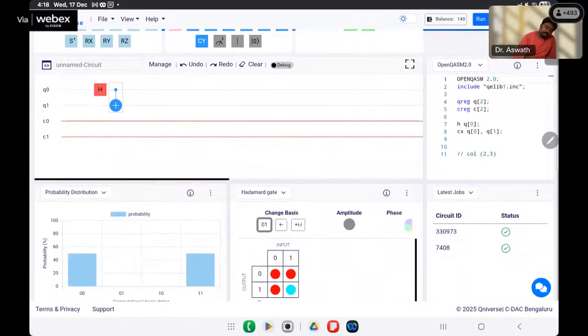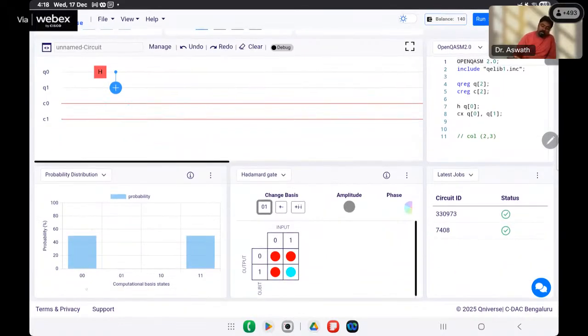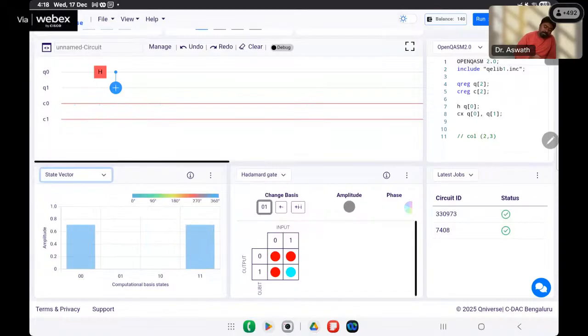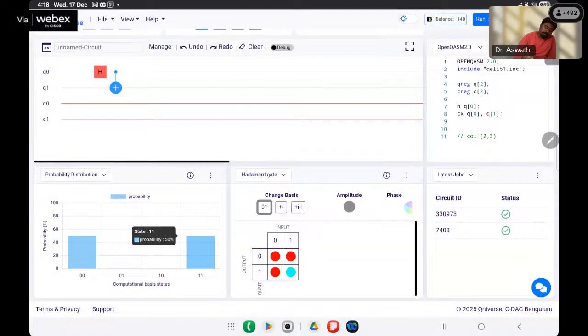So this creates an entanglement. You get 00 and 11. Entanglement is created, which you can see at the bottom in terms of probability. If you want to see it in terms of state vector, you can also choose that. The probability amplitude in the state vector is 0.707, which is 1 by square root of 2. In terms of probability, it is 50%, 50%.